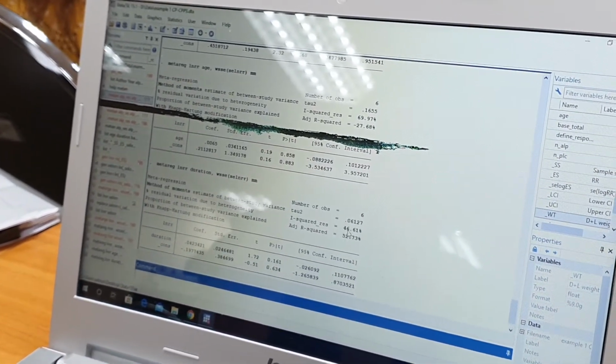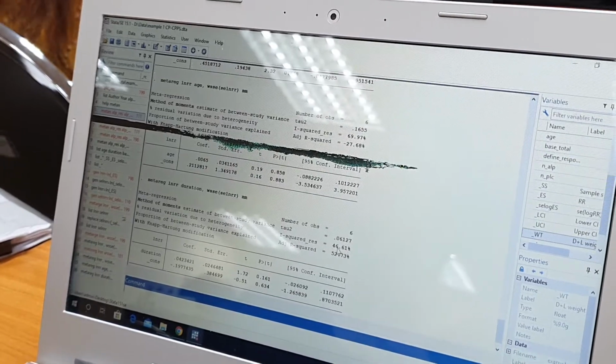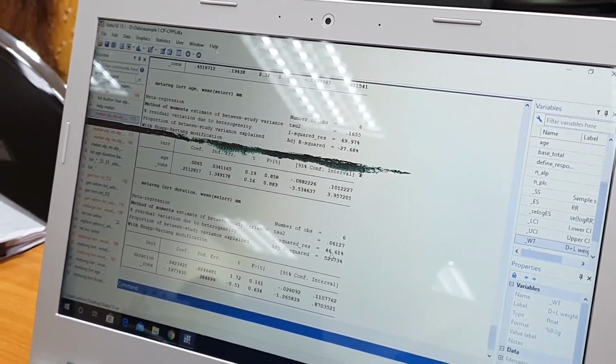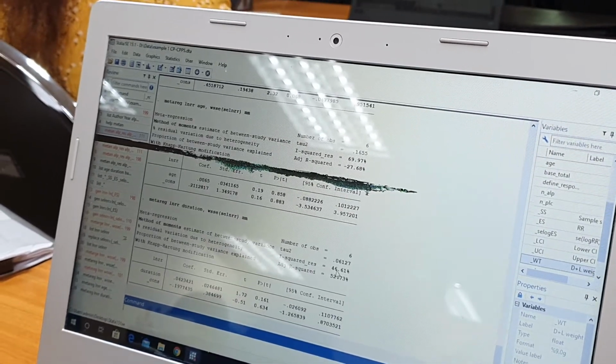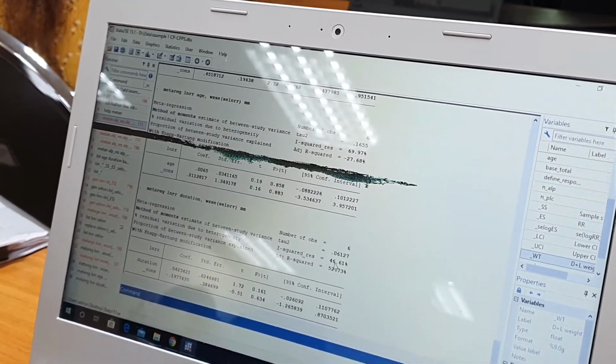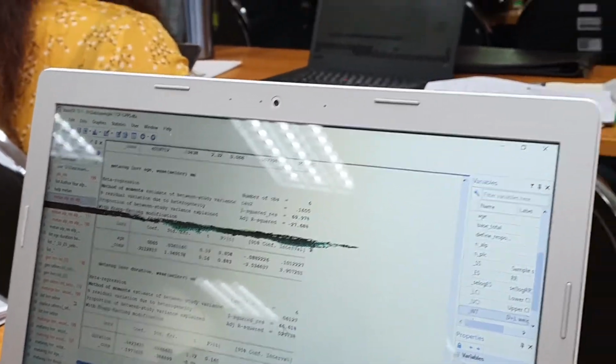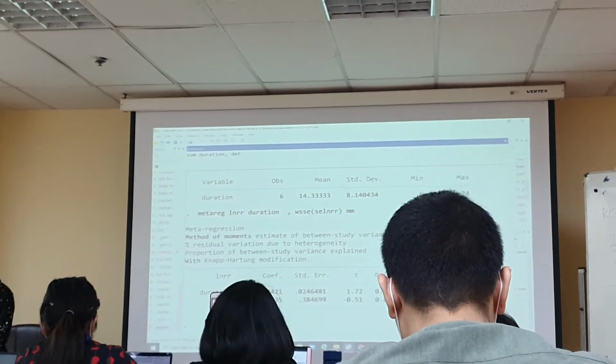If we classify or recategorize the duration, we know that the mean or the median is about 14, okay, 2 weeks. We want to summarize duration, with the option detail.